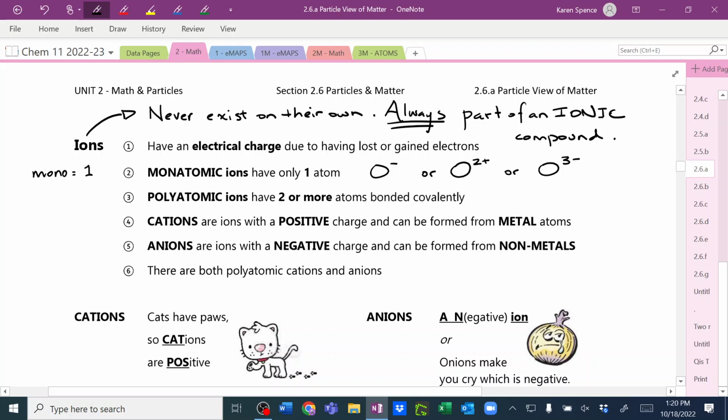As long as it's just made of one atom, it doesn't matter what the charge is. Okay, the mono refers to the atom. They kind of look like O's, don't they? So I'm going to shade them in so they don't look like O's.